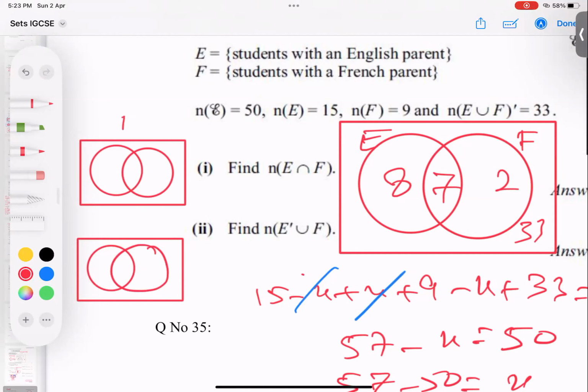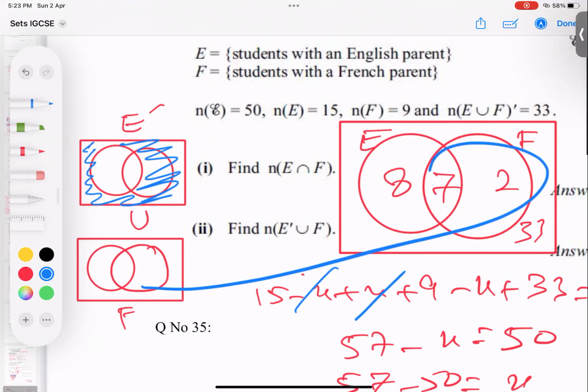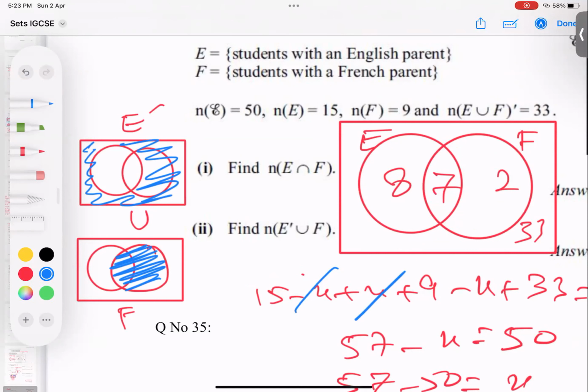Look, I'm doing it. E complement here, F here, and union here. E complement means except the circle of E, shade everything. Look, I'm doing it for you. And what does the F circle mean? Circle of F means full. And what is common? What does union stand for? Common and uncommon.